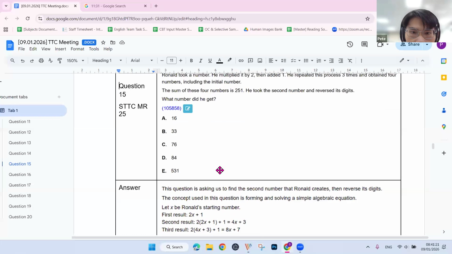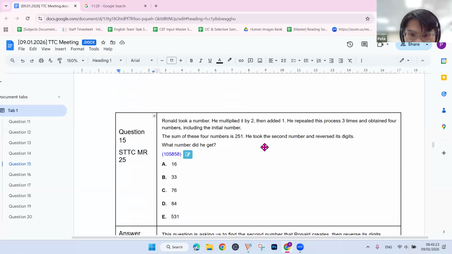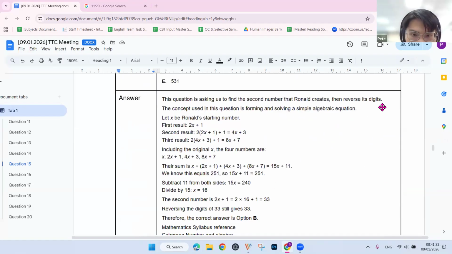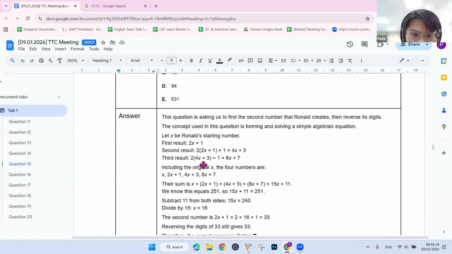The second number would be 2x plus 1, because each number is multiplied by 2 and then 1 is added, and we repeat this process. So the third number would be 2 multiplied by 2x plus 1, plus 1, which gives 4x plus 3. And the fourth number would be 2 multiplied by 4x plus 3, plus 1, which equals 8x plus 7.